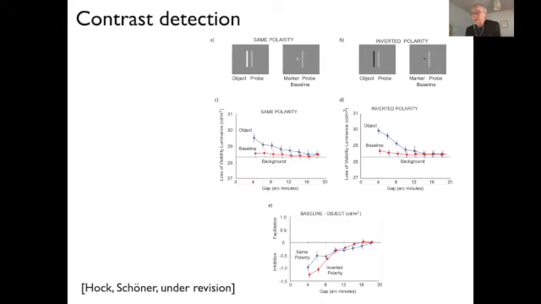So this next simpler thing is, in fact, the simplest perceptual act that you could think of: just detecting a little piece of contrast. You're staring at a computer screen, and there's a little probe. This would be here, this light gray bar, and you have to say if you see it.